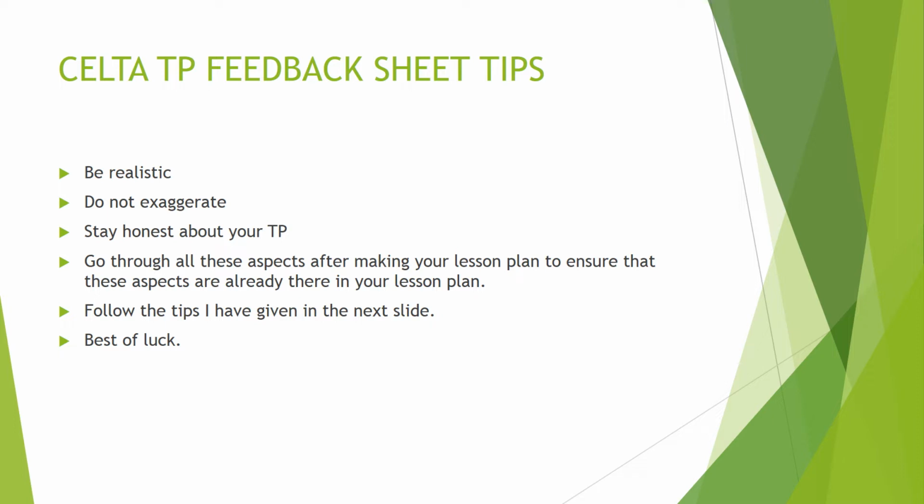You go through all these aspects and make sure these are the ingredients of your lesson plan. Every ingredient of this is practically present in your TP. If you do that while making your lesson plan, obviously it's going to lead to success. So keep all these tips in mind when you're done planning your lesson. Just go through these aspects and make sure that all the aspects are already there.